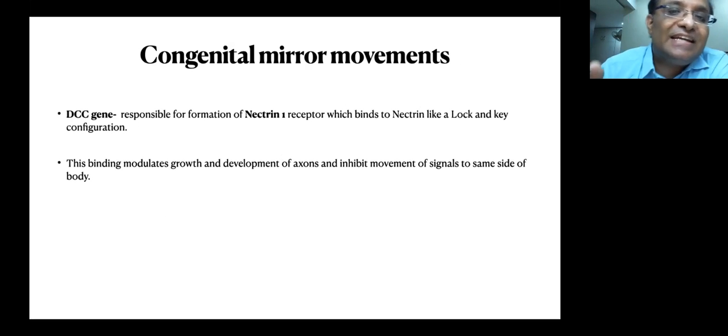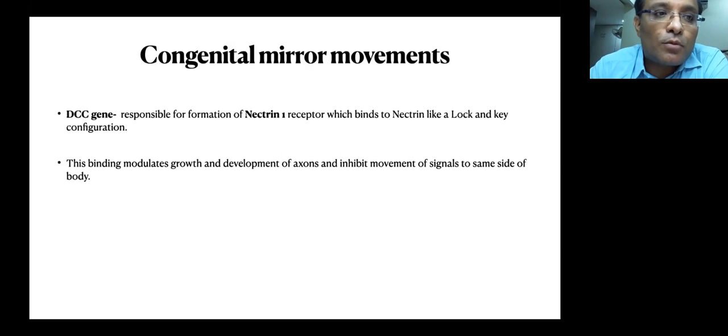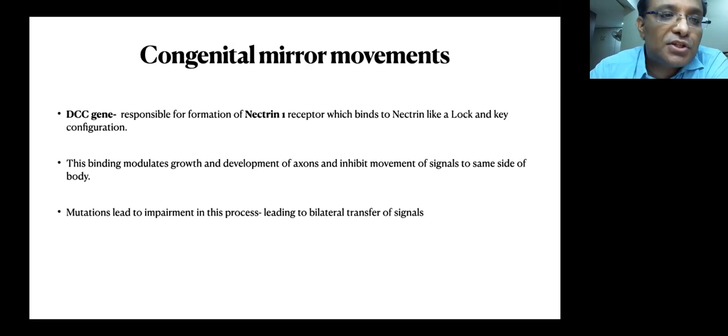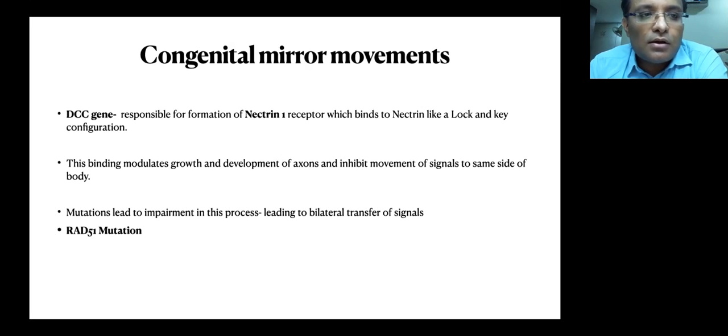So normally it inhibits, but if there is some mutation in this configuration, it will cause impairment in this process and lead to bilateral transfer of signals instead of only on the opposite side. So this DCC gene has been implicated in congenital mirror movements, and the other gene responsible is RAD51 mutation. So these two genes are responsible for congenital mirror movements.